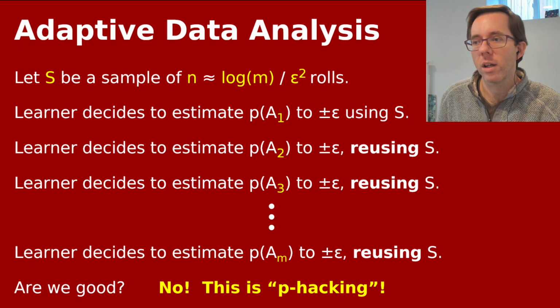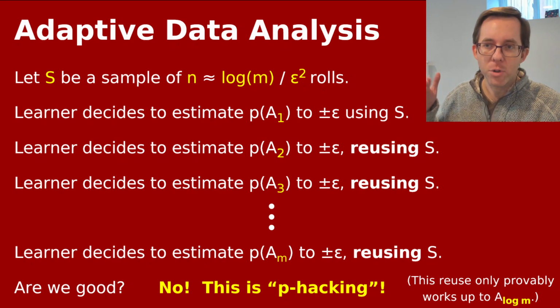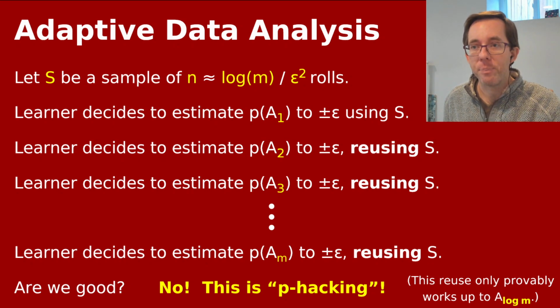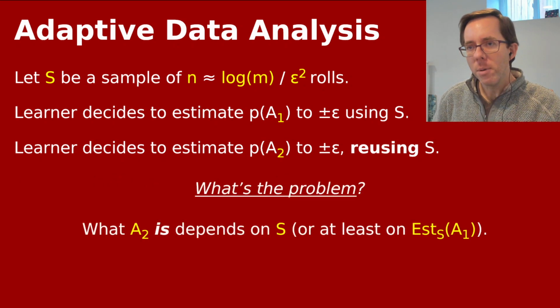This does not work. If you do this, you'll only provably get good estimates up to the first log M or so many of these A's. And after that, all of your estimates may be invalid with high probability. What's the difficulty? The problem is you've chosen the events in an adaptive fashion.